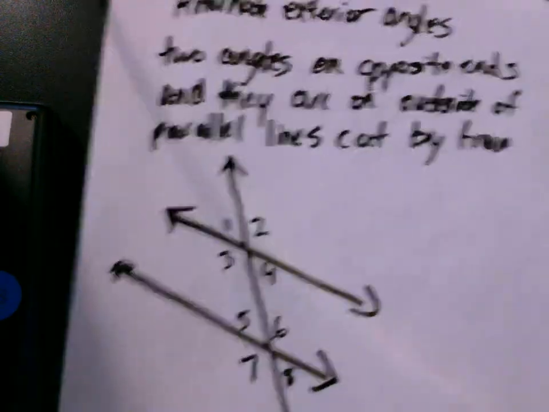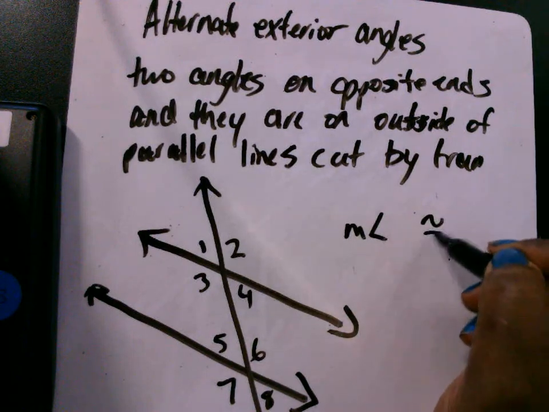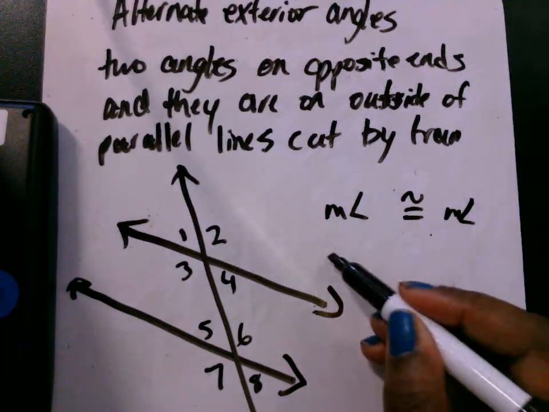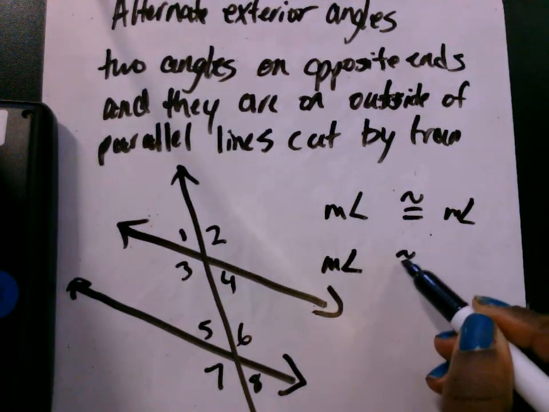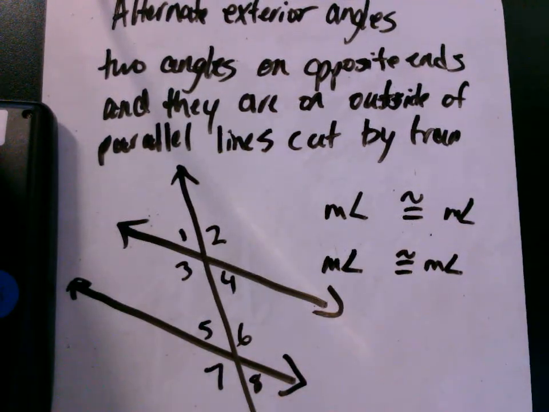Which are the pairs of alternate exterior angles? Two sets in this diagram. Which are the two pairs of alternate exterior angles? 2, no, not quite.